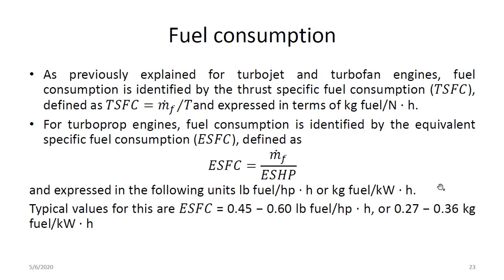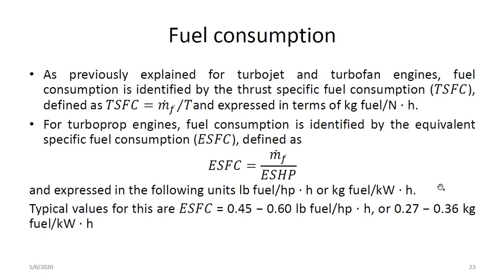In fuel economics, we use the thrust specific fuel consumption, which is equal to the fuel flow rate divided by the thrust, and it's expressed in kilograms of fuel per newton hour. And for a turboprop engine, the equivalent specific fuel consumption is equal to the fuel flow rate divided by the equivalent shaft horsepower, expressed in this unit, kg of fuel per kilowatt hour.